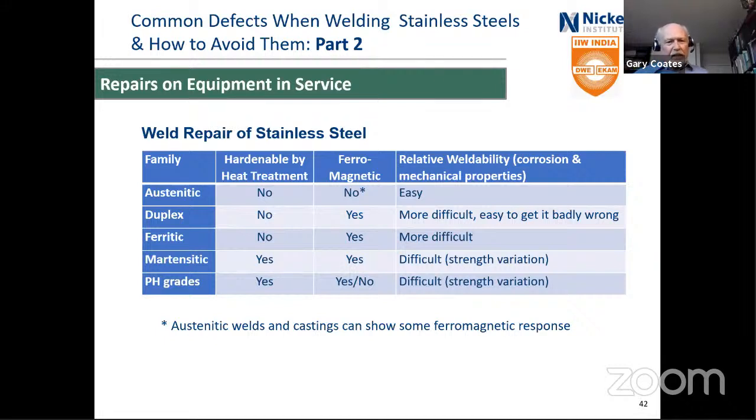I've been working with duplex stainless steels since the mid 1970s, and my expression for them is: when they're good, they're very good. When they're bad, they're awful. It is that way. The ferritic stainless steels are very difficult to weld. You don't see a lot of them, mostly heat exchanger tubes, and you wouldn't want to weld repair them anyhow. And the martensitic and PH, the hardenable ones, are difficult, but it is possible to do temporary repairs on them.